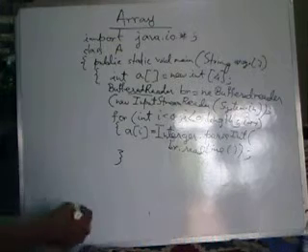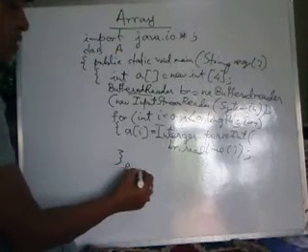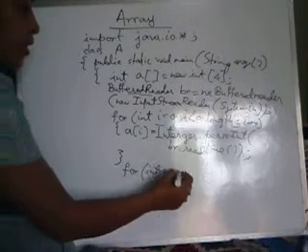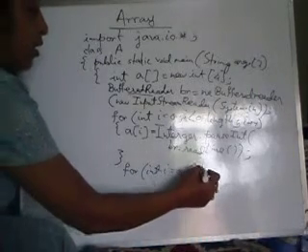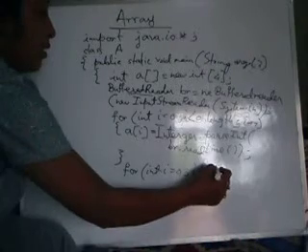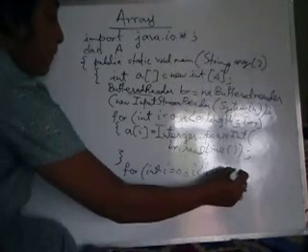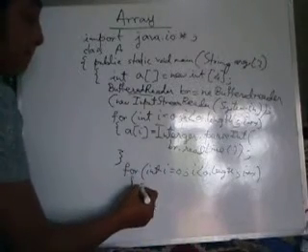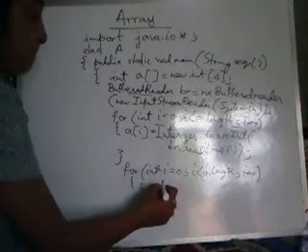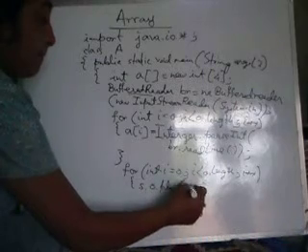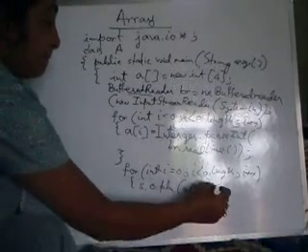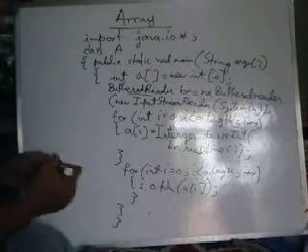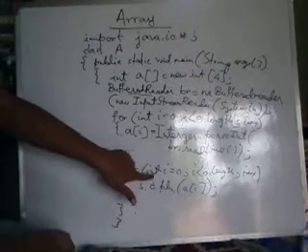Now we want to print those values. So similarly, just like the previous one, we will write once again int i = 0.